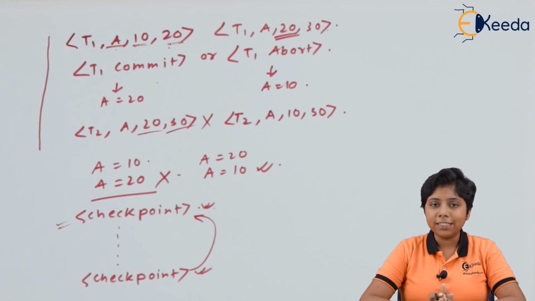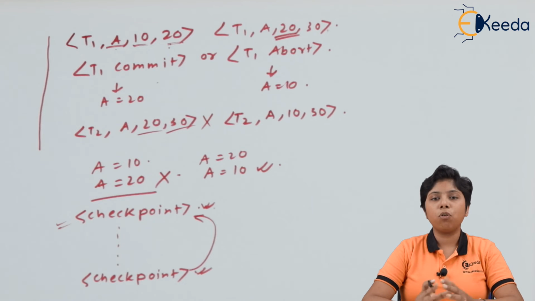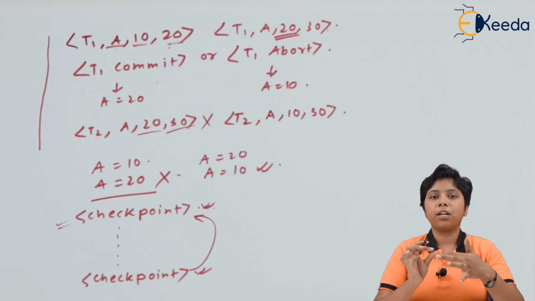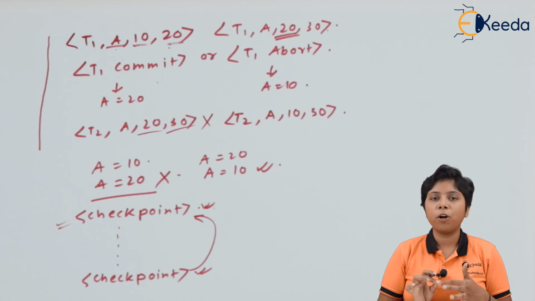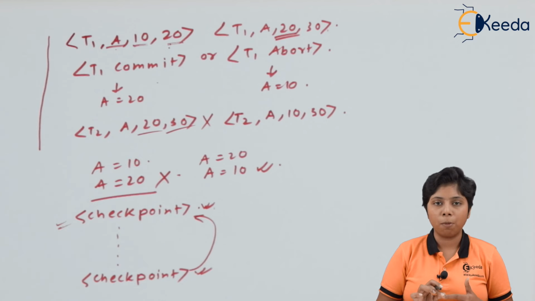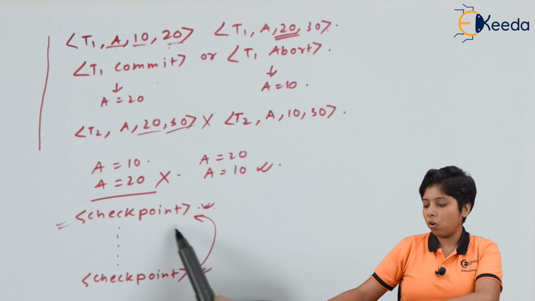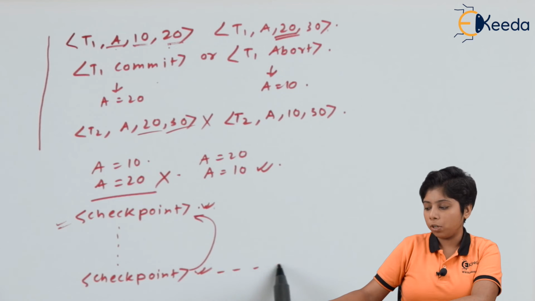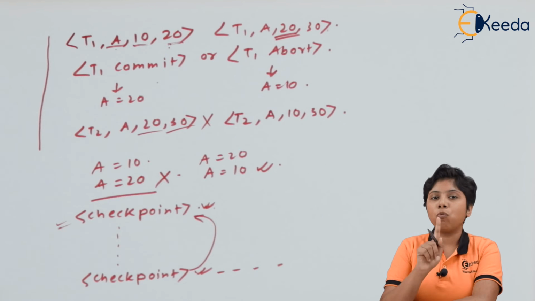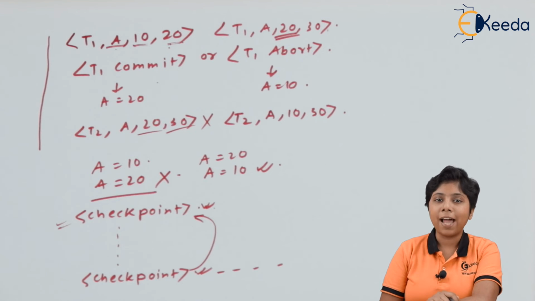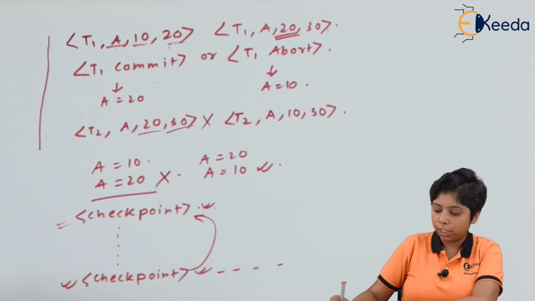Now with concurrent execution, we have to consider two situations. First, before the checkpoint, we do not need to check whether any transaction has a problem or not. We need to check only the transactions after the most recent checkpoint, and any transaction that was active at the time of the most recent checkpoint.